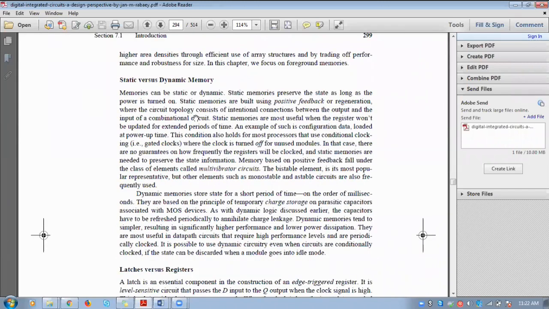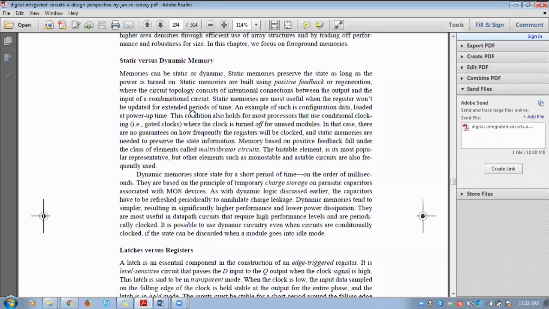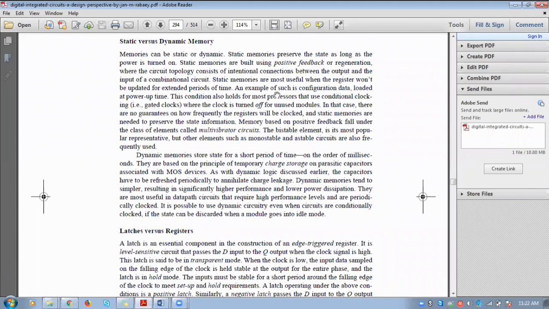Static memory, dynamic memory. Here we will explain volatile and non-volatile memory. Non-volatile memory is the memory used to store the data permanently. Even though the supply is not present, you will have the data valid all the time.